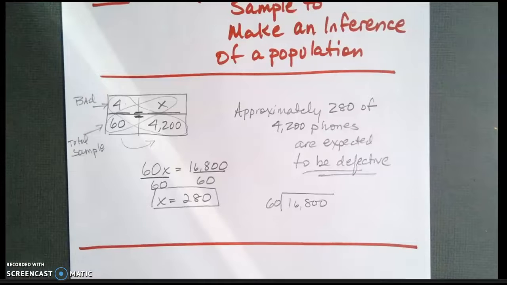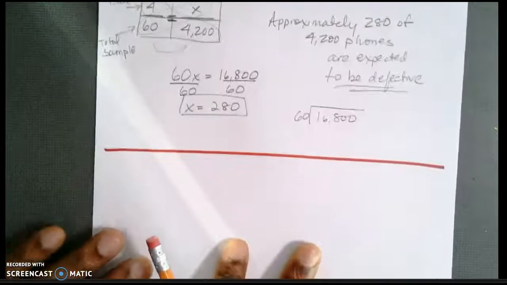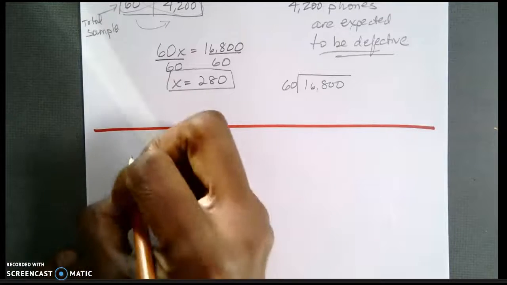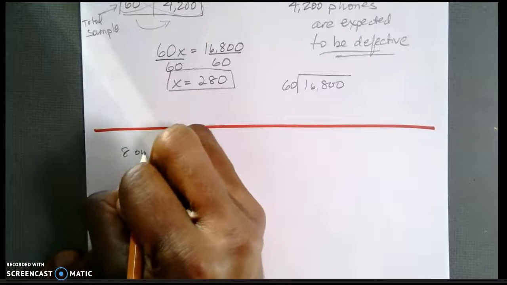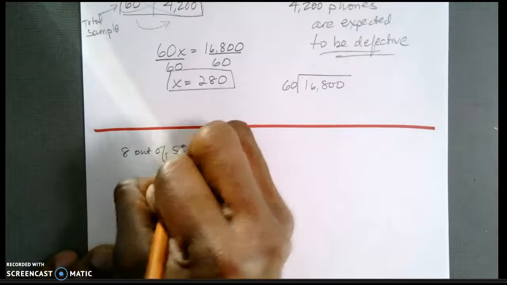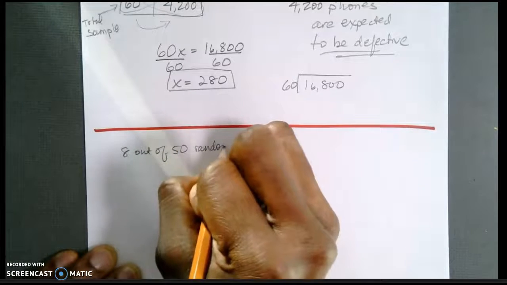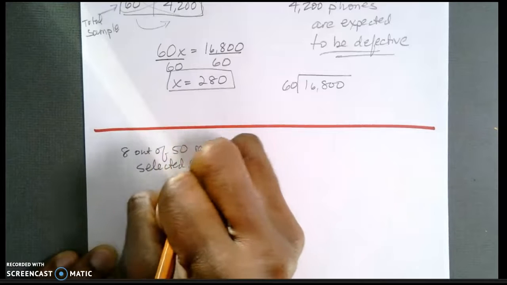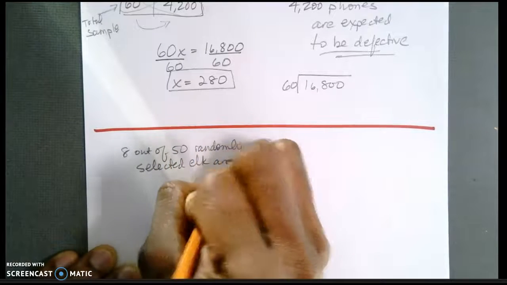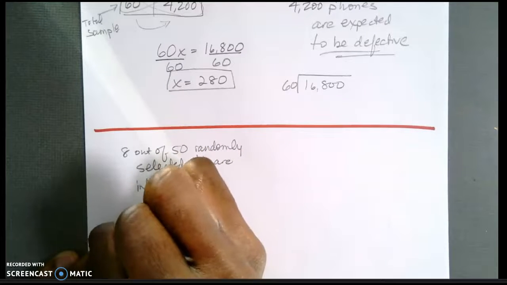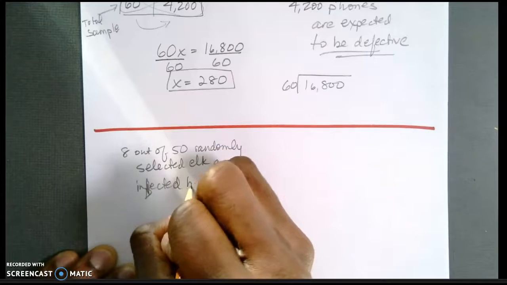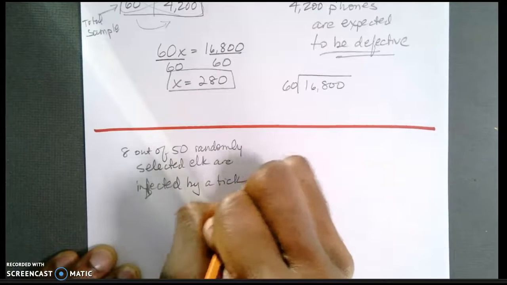So if we go back to my work, I expect that 8 out of 50 randomly selected elk are infected, and I'm just going to say, because I like deer, they're infected by a tick of some sort.